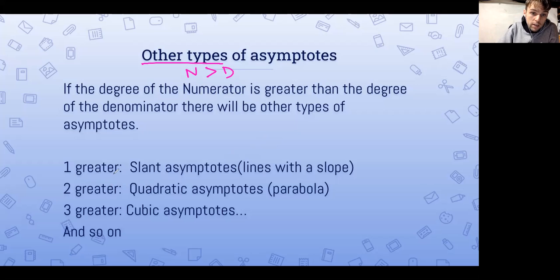So if it's 1 degree greater, our asymptote is going to be a first degree polynomial, a line with a slope. If it's 2 degrees greater, it's going to be a second degree graph, a quadratic, a parabola. If it's 3 degrees greater, then it's going to be a cubic asymptote. We're actually going to take a look at all of these in just a second, just some pictures of what they look like. Can get pretty wild.